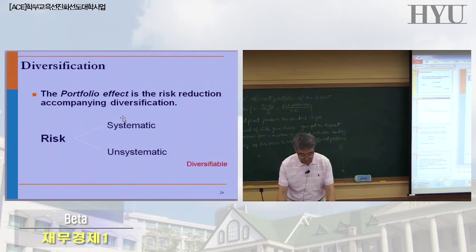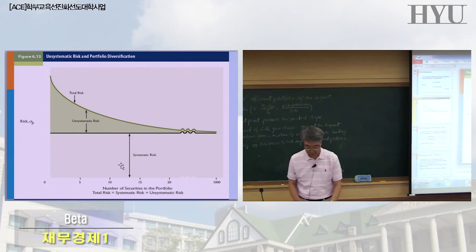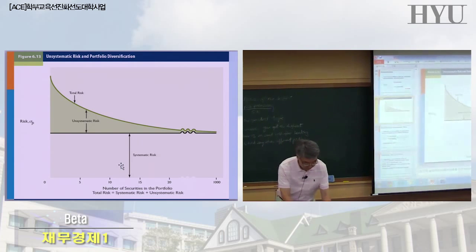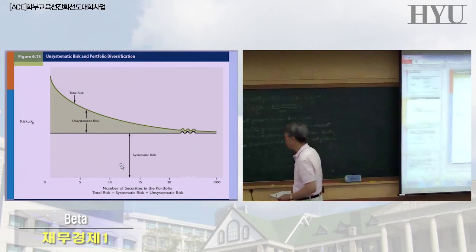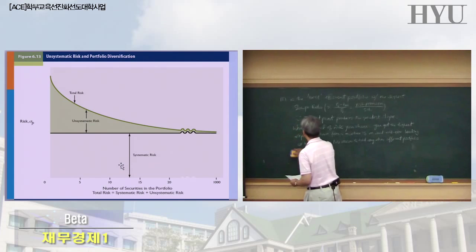But the type of risk that you can minimize or reduce based on such diversification is unsystematic risk. There are systematic risk and unsystematic risk, and this will illustrate the idea. The systematic risk comes from systematic events, or those events that affect the entire system.